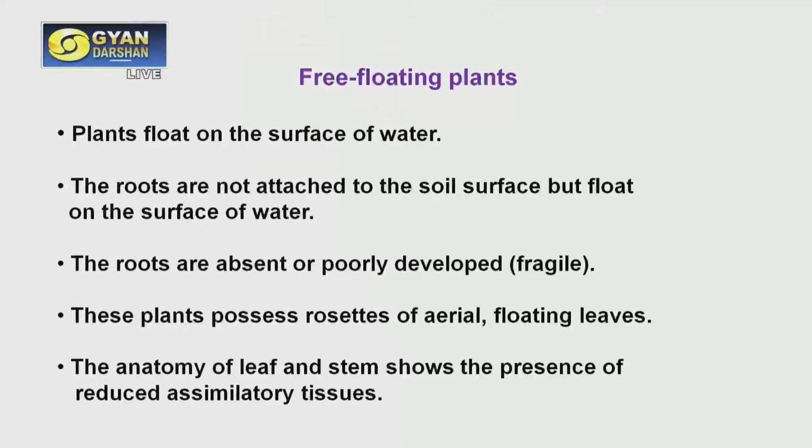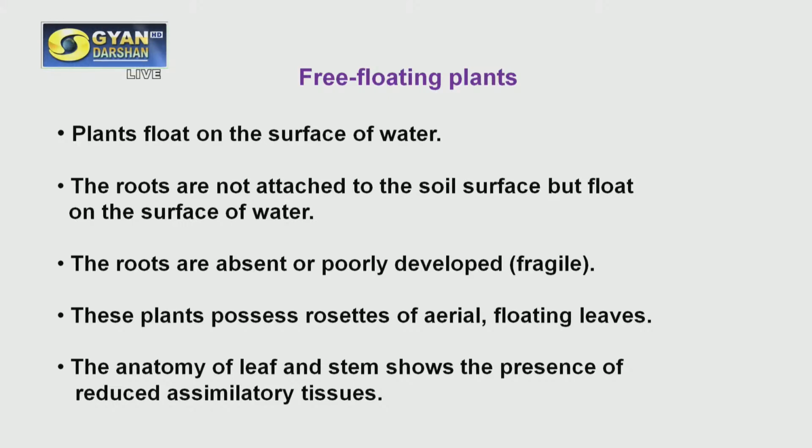Free floating plant means you must have seen many plants where the leaf surface is floating on the surface of water. Like if you have seen the lotus plant, lotus leaves you have seen. So these plants normally float on the surface of water. That is, the roots are not attached to the soil surface, but they float on the surface of water.